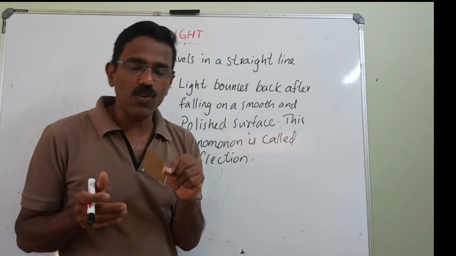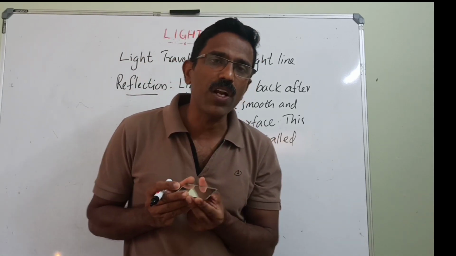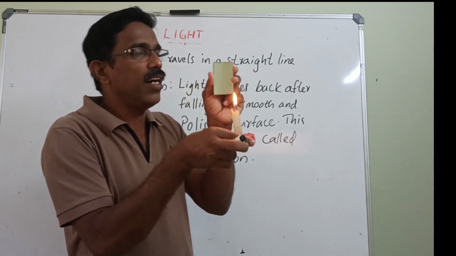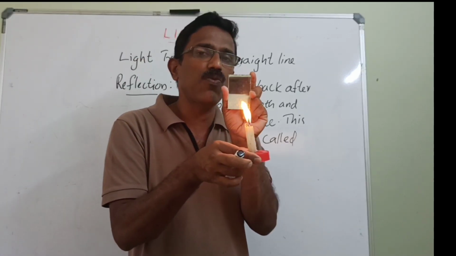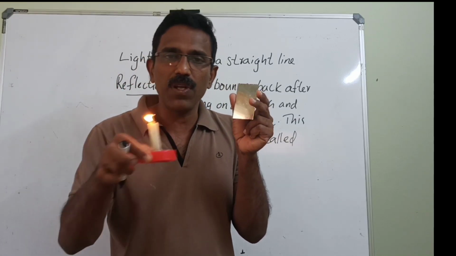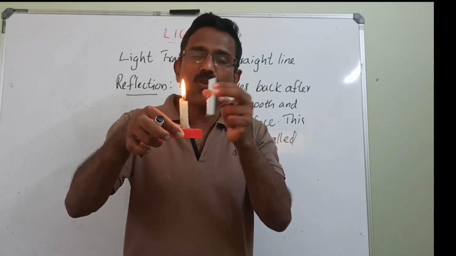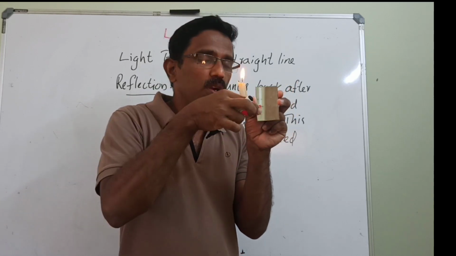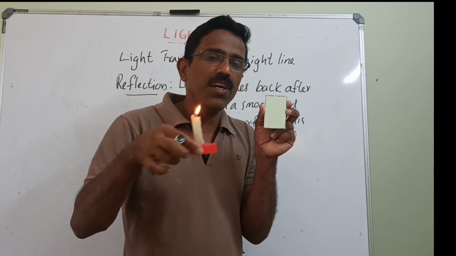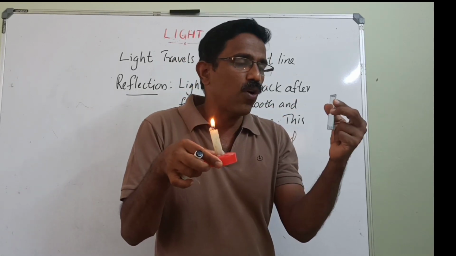It is because of reflection that we can see our image. You can see the image of the candle in the mirror. This image is formed because of reflection. Why does this reflection take place? The light from the light source falls on the smooth and polished surface and gets reflected back. And these reflected rays fall on our eyes.